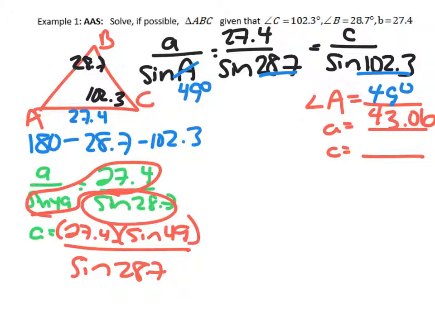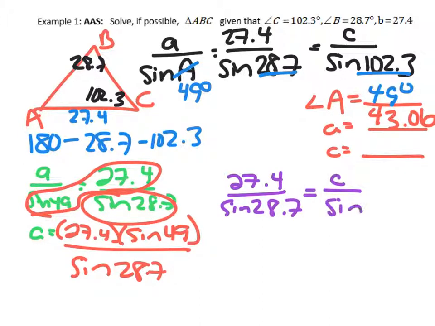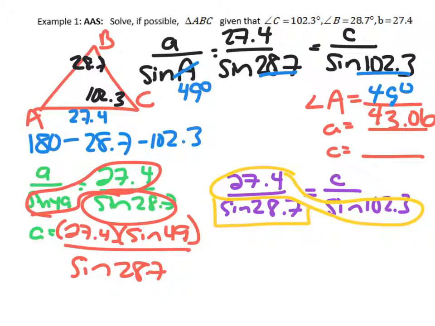Then if I want to find little c, you always want to go back and use the original fraction, not the one that you've already rounded. So 27.4 over sine of 28.7 equals little c over sine of 102.3. That means I'm going to cross multiply and divide.